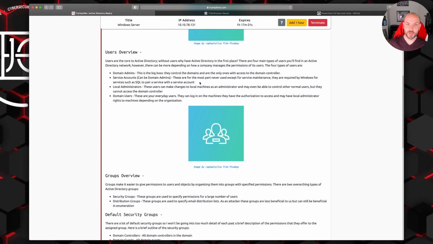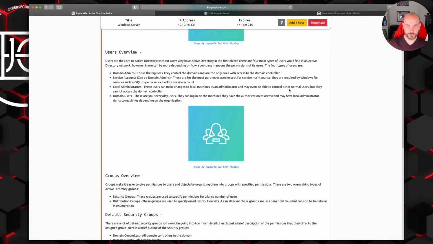A service account is going to be an account that you create and use within that application to be able to query Active Directory to make sure that whenever someone logs in with an account, they're able to actually authenticate. With service accounts, you want to be very, very granular and specific. You don't want to give them too many permissions, or more permissions than what they really need to be able to get the job done for whatever the service or application is that they're interacting with. Local administrators, as I said, that is on the local machines.